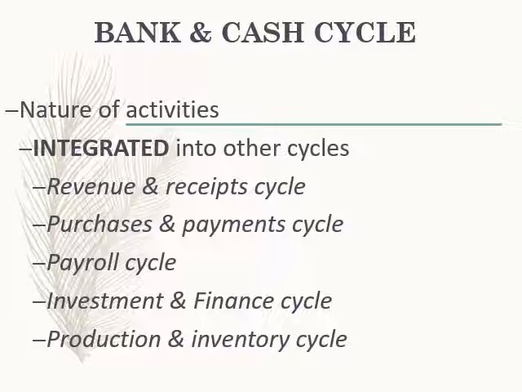Okay, the receipt side of the revenue and receipt cycle would then have the cash or bank balances, as well as the payment side. Payroll, we covered the payroll prep and payout, and then investment and financing, both of those cycles, as well as production and inventory.